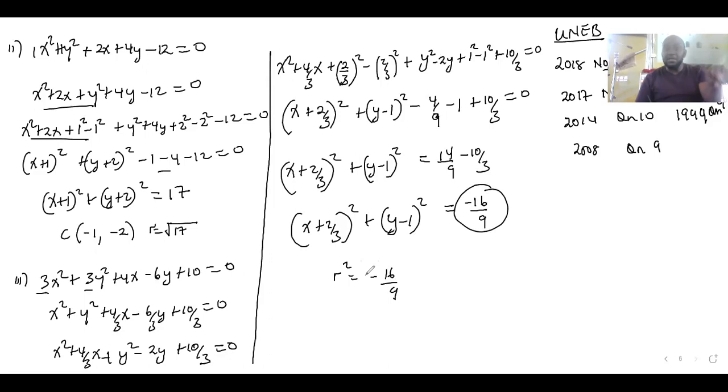But if it is a real circle on a real plane like this one, you can't get its radius as a negative. But the concept is, when we have coefficients which are not 1 on the highest degrees of x and y, we first divide through by that coefficient. Hope that one is very clear.